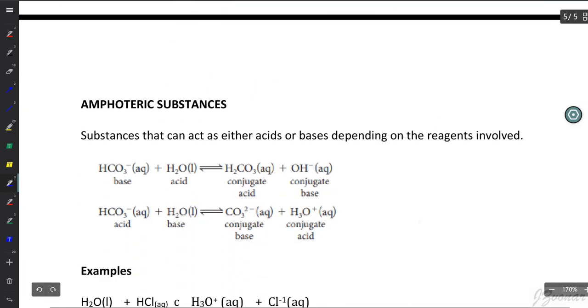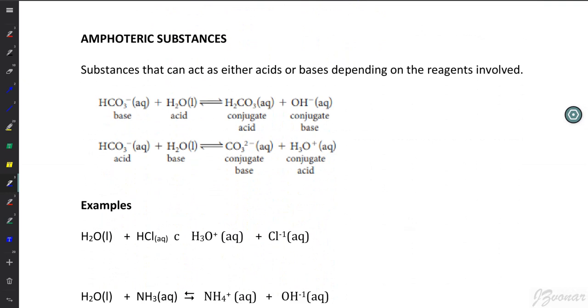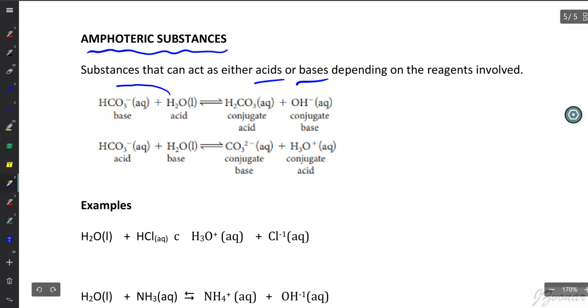All right, one other new concept that we need to look at is called amphoteric substances. These are substances that can be acids or bases depending on what other reactant they are being mixed with. All right, so if we take a look at our example here, we've got HCO3 -. We see that water is acting as the acid.